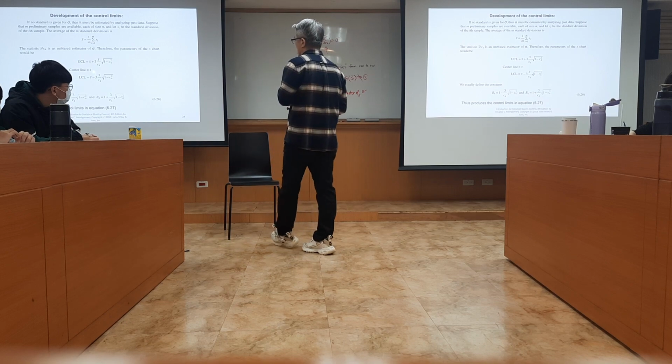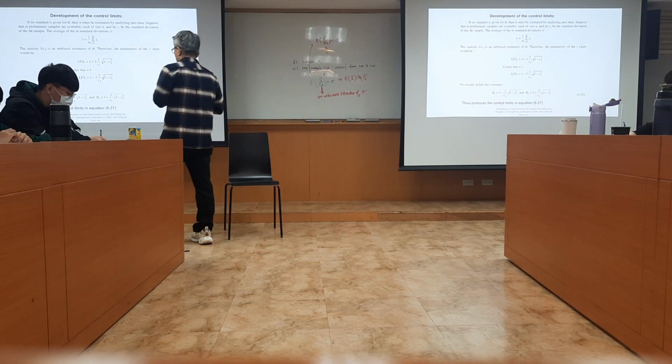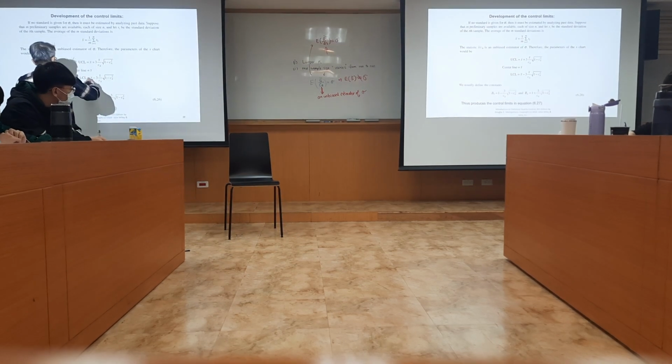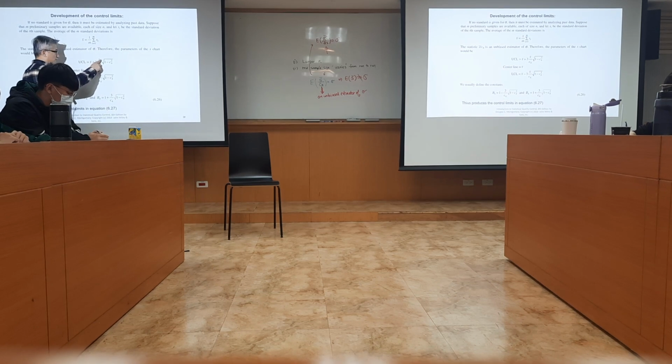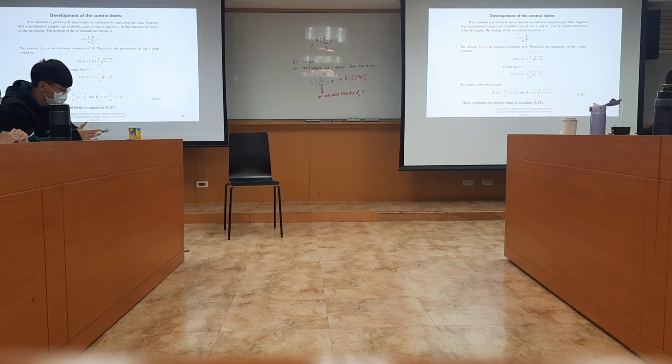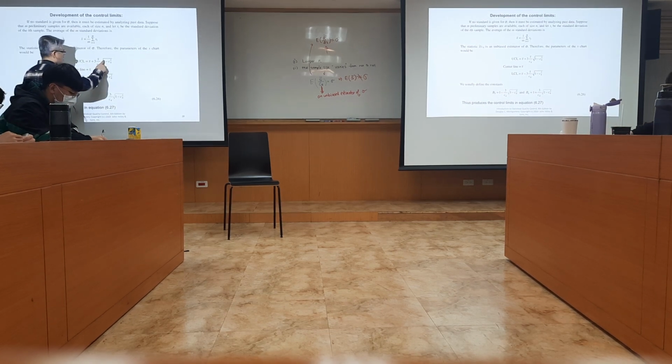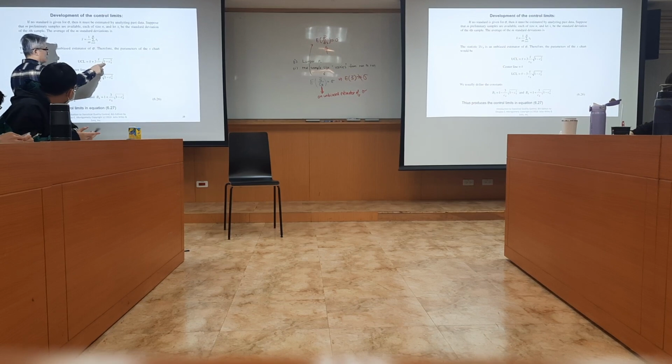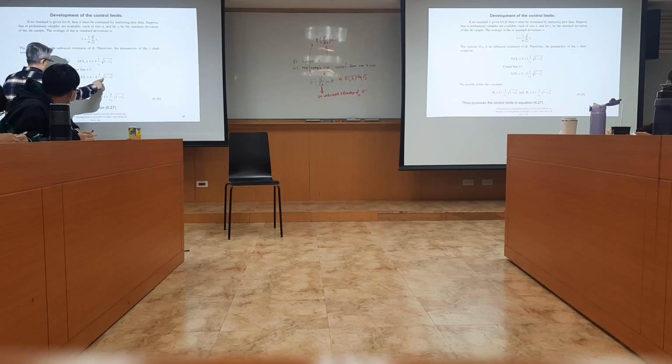The upper control limit is the center plus 3 standard deviations, where the standard deviation involves the square root of 1 minus C4 squared, and the center is S bar divided by C4.